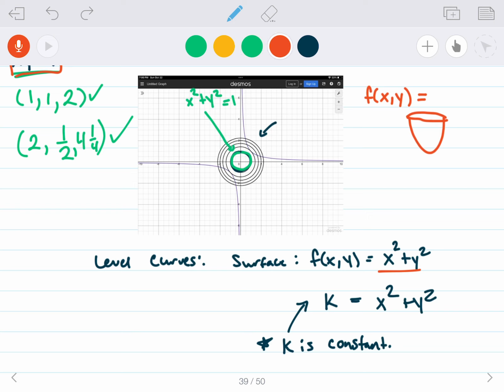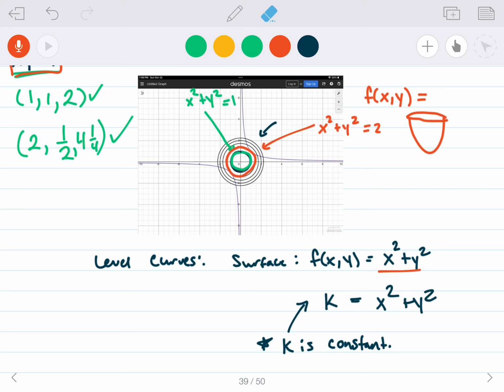The next outer circle, I said x squared plus y squared, and then I set it equal to 2. And I kept going like that a few times. There are infinitely many level curves that you could come up with here, but just to remind you what they look like, they're right there.